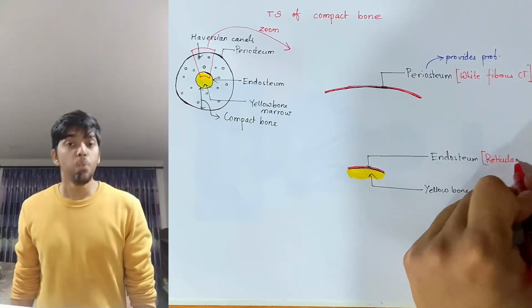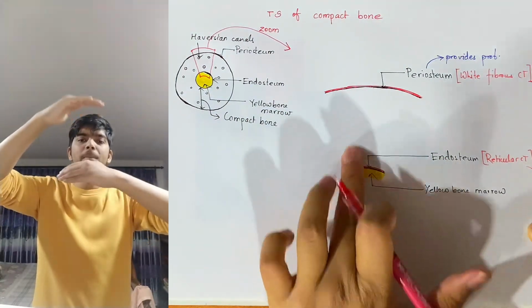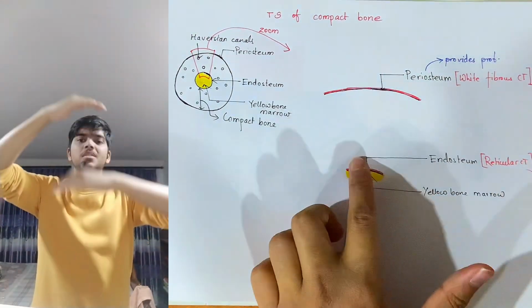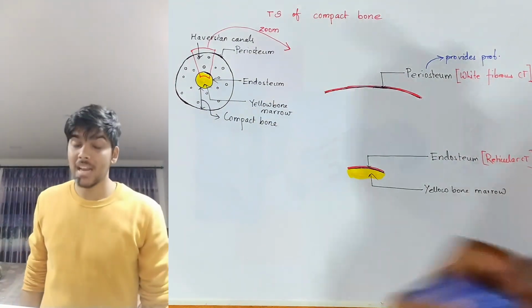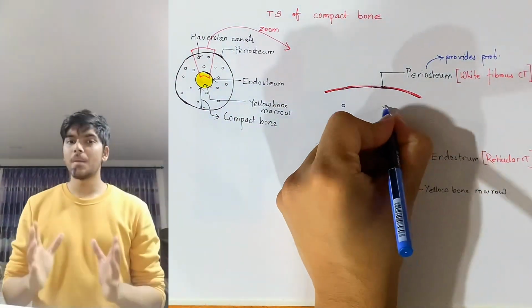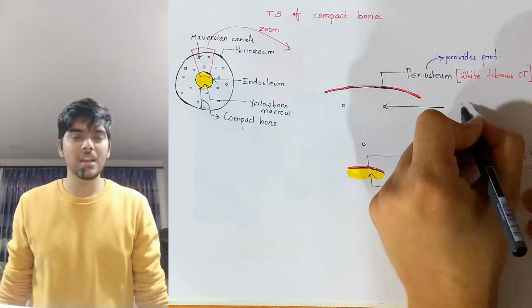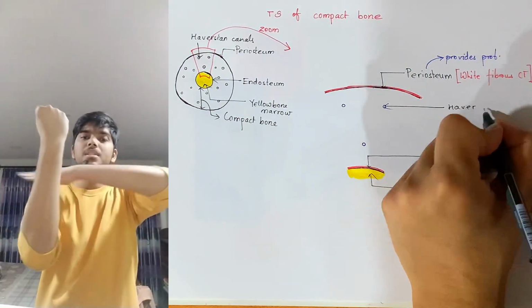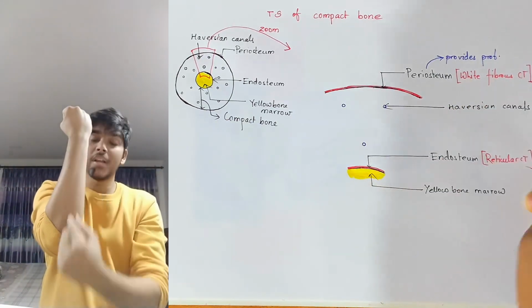Between the periosteum and the endosteum, there's your compact bone. And compact bone contains haversian canals. In the diagram, I'm going to show a few of the pores of these haversian canals, because I have taken the transverse section, and haversian canals are vertical canals.